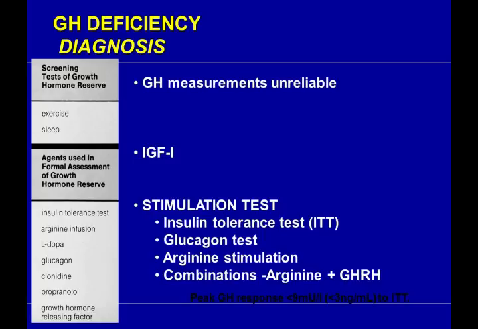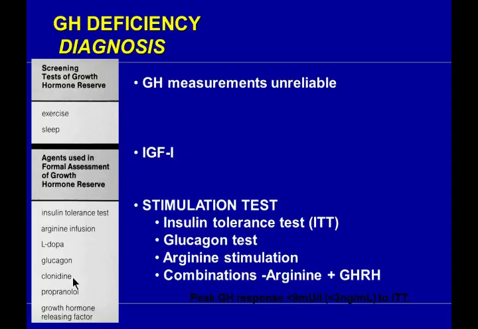Sometimes we run the kids up and down the steps, 3 or 4 flights of steps, and get them very stressed, and that can do it. In other words, exercise and sleep will stimulate growth hormone secretion. We can measure the product of growth hormone secretion, IGF-1, as a measure of growth hormone secretion, and that's useful.